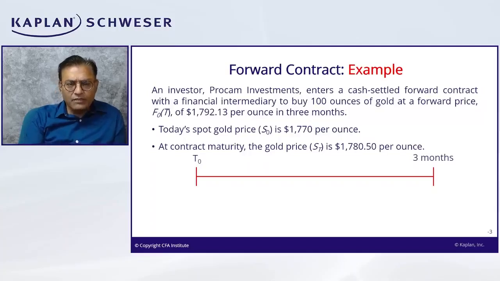So what you're given here is the investor is Procam Investments. They enter into a cash settled forward contract. You are given that the contract calls for 100 ounces of gold, and the buyer here is Procam Investments.